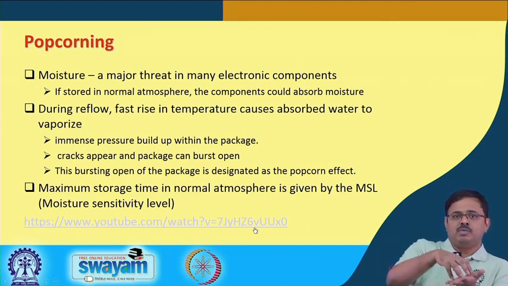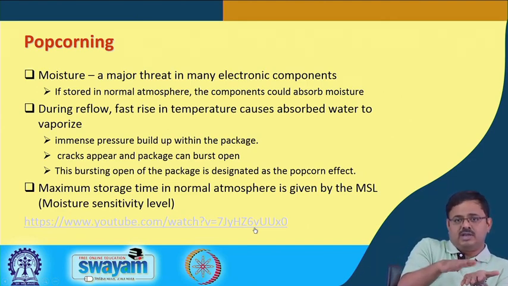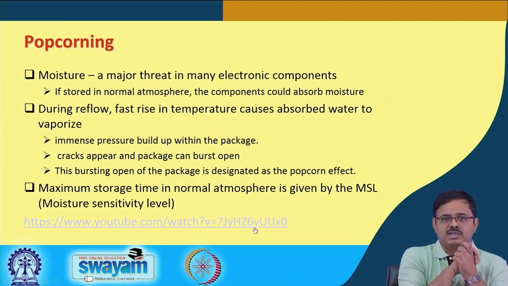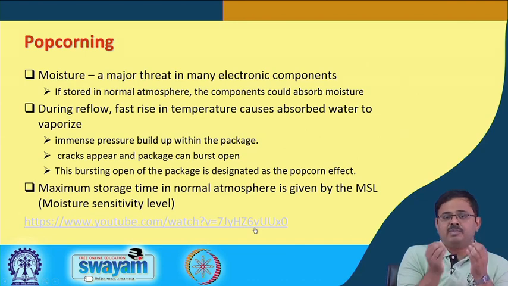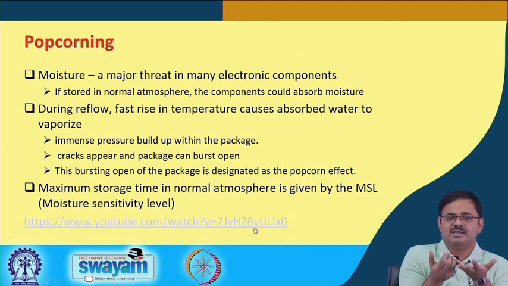Now, let us say I put this component on the circuit board and I do the reflow process. What will happen? Because of this fast rise in temperature, the absorbed moisture will vaporize. We know when water vaporizes, its volume increases and its density decreases, right. So, it will create immense pressure. There is a pressure build up, right.